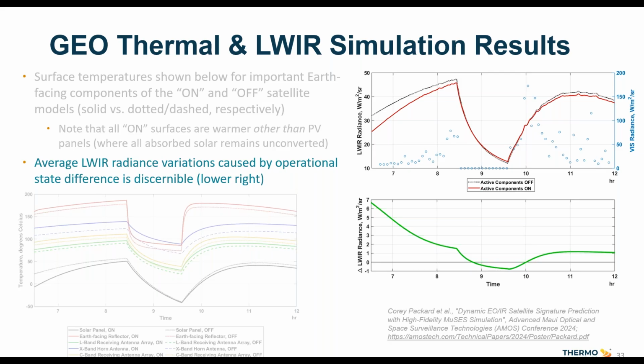And I won't go into detail here, but if you look at that reference in the lower right, we published a paper earlier this year where we talked about how discernible that would be, what the signal to noise ratio might be, and how easy it might be for a telescope or something else to identify whether you're looking at an on or an off satellite. So pretty interesting result there.